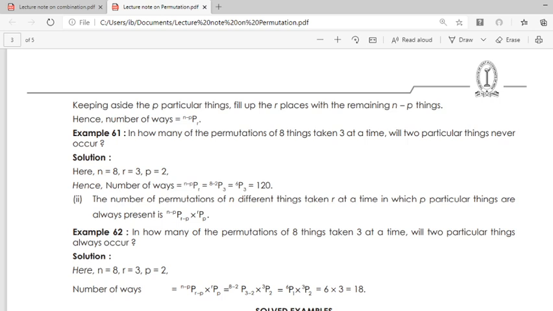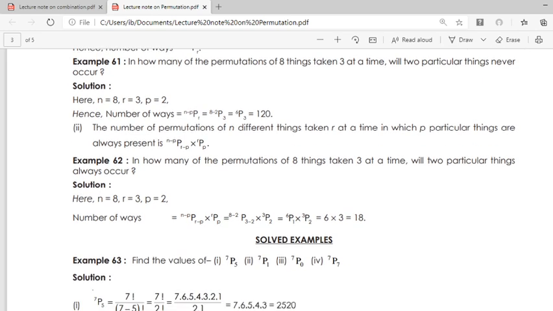So in how many ways can it be taken if 2 particular things never occur? It will be n minus p permutation r. So you have 8 minus 2, that's 6 permutation 3.